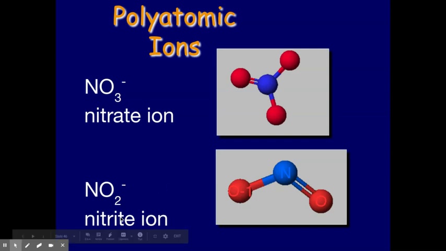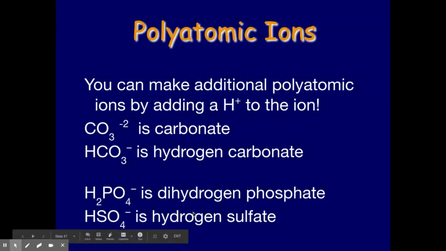The ites have fewer oxygens, but that doesn't necessarily tell you how many. So the ates will have more. But like sulfate is SO4, right? So it doesn't matter how many, it just has more than sulfite. So some things you just gotta memorize. And I gave you a list of 10 that you should memorize.